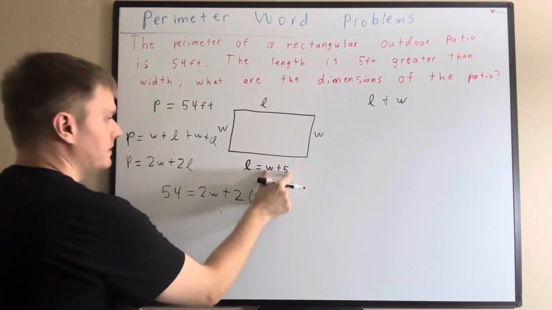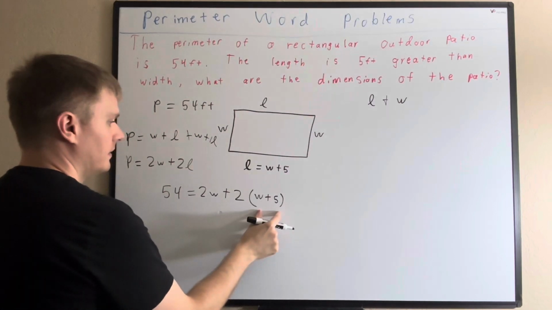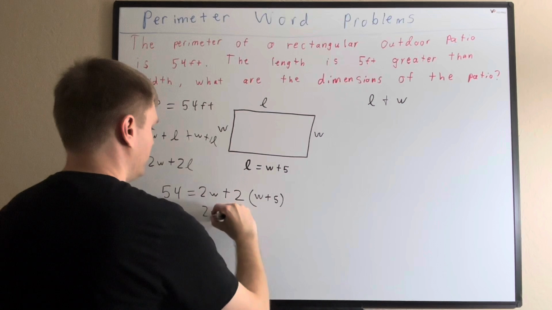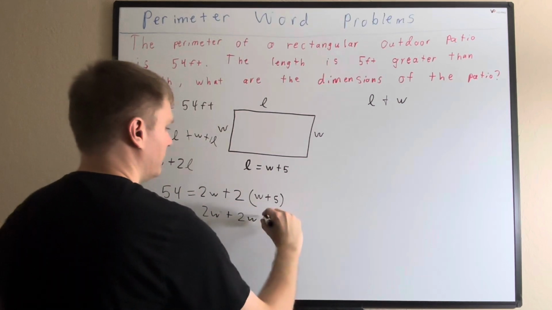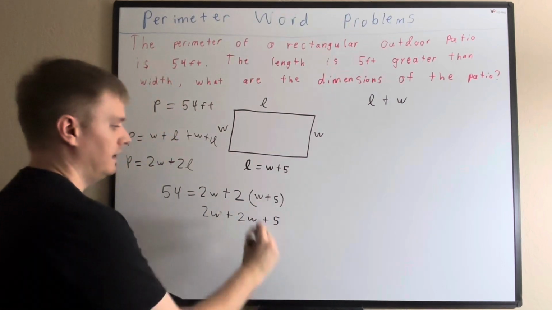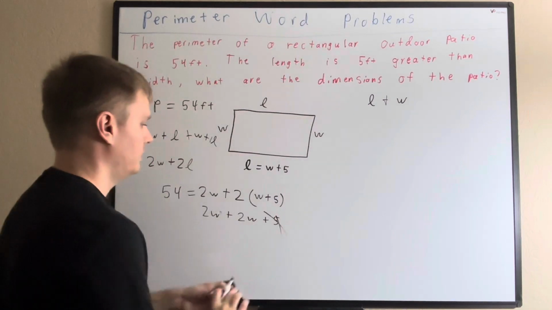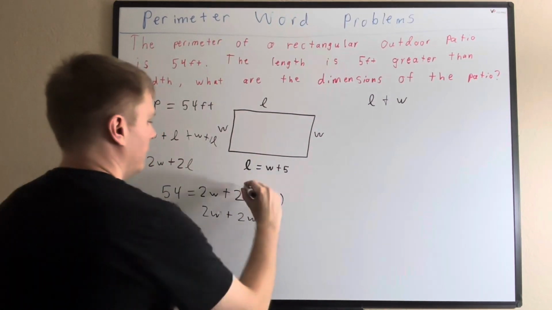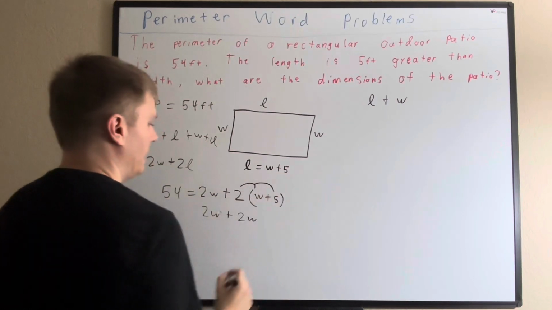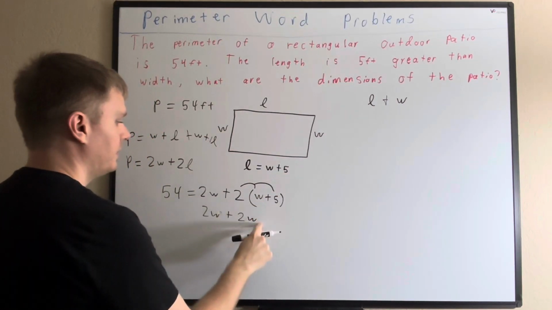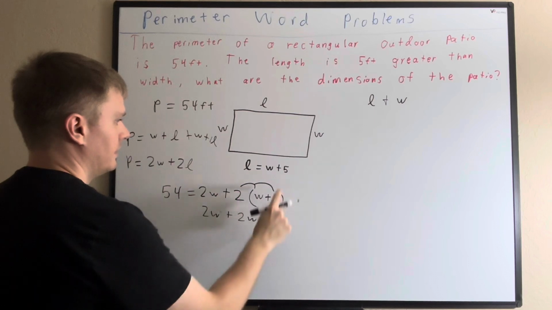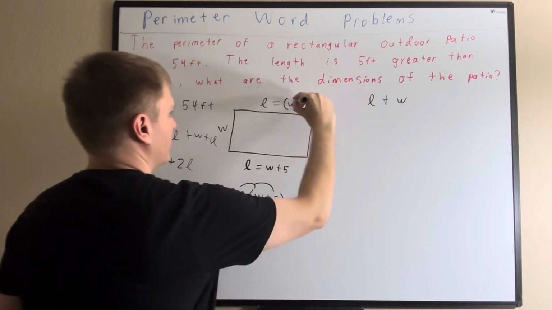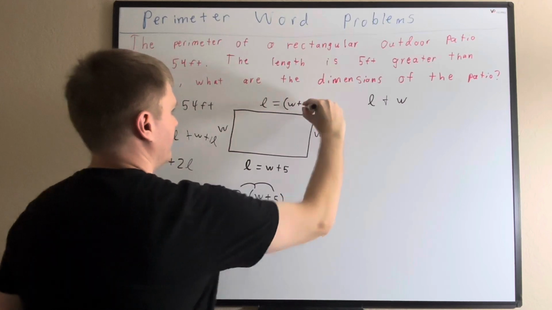Now, parentheses matter when substituting. If you didn't put parentheses around this, you might just say 2W plus 2W plus 5. That is wrong. Absolutely wrong. You've got to distribute, because it's not 2 times W, it's 2 times W plus 5.